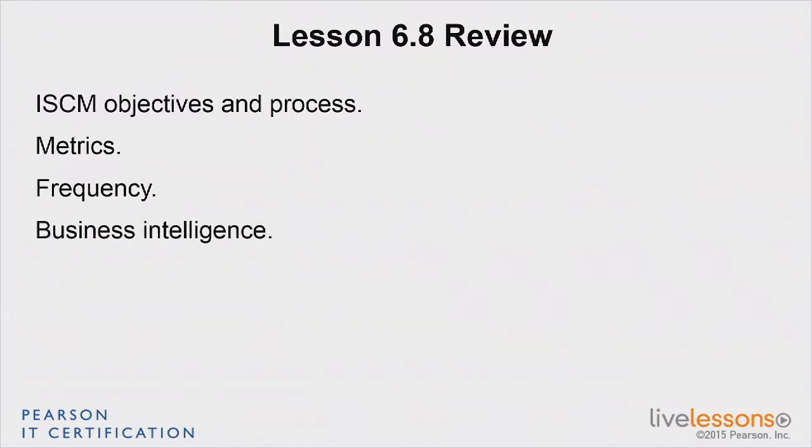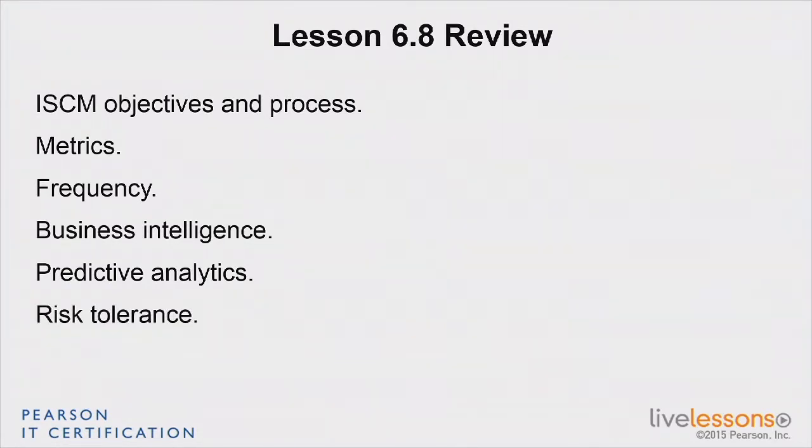Business intelligence, which tells us what happened and why it happened. Predictive analytics, which allows us to identify trends and future behavior. Risk tolerance, and whether we're going to choose to accept the risk if it's outside of the norm, or whether we're going to choose to mitigate the risk by reducing it, by sharing it, by transferring it, or by avoiding it. And lastly, I introduced you to the NIST resource.